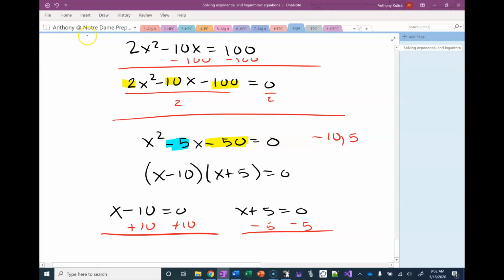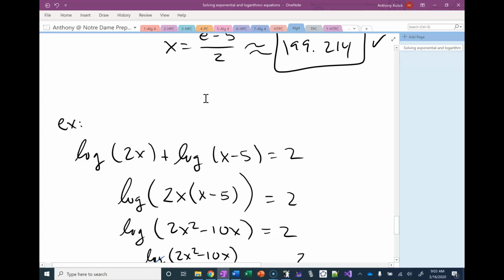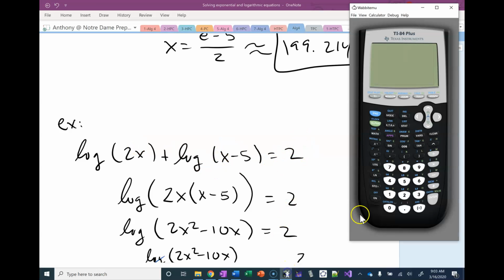To solve the second equation, I'll subtract 5 from both sides, giving me solutions of x equals 10 and x equals -5. However, we're not done. We still have to check. So to check this, I'm going to go back to the very original, plug 10 in for x, and see if I get 2.